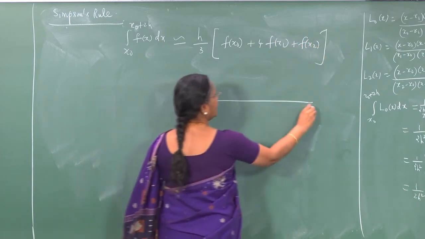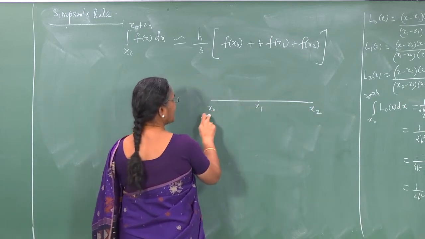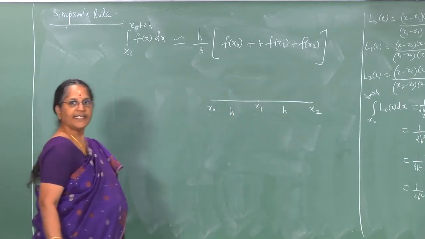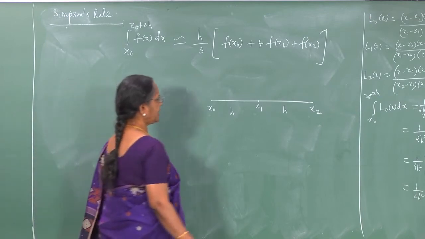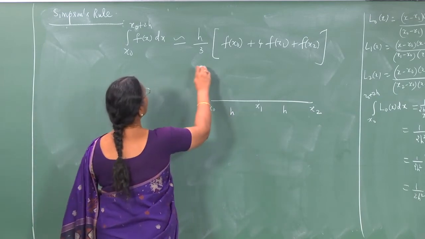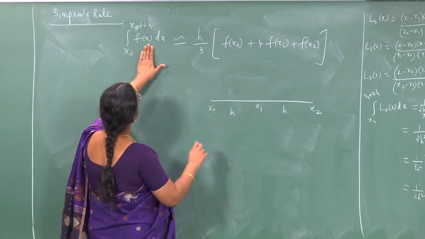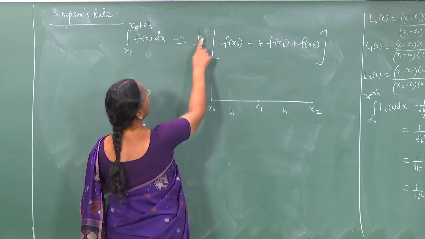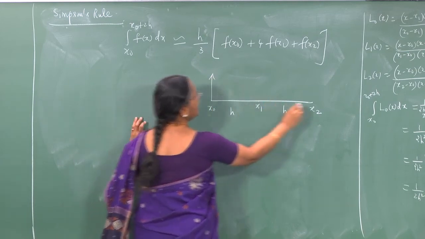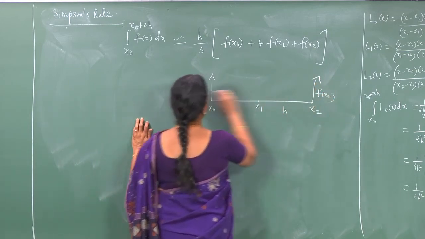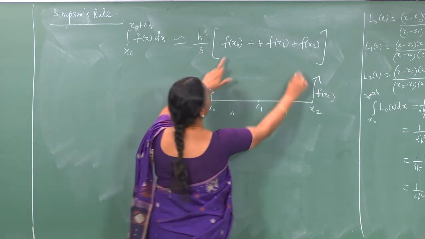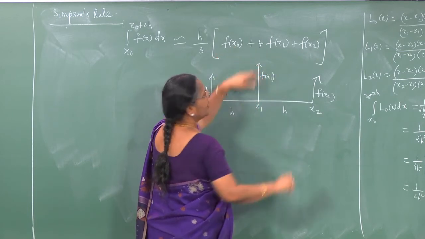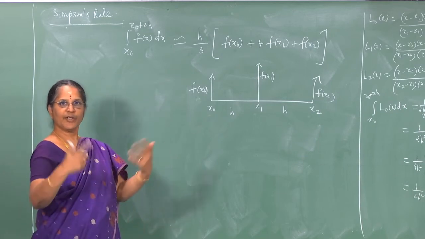Namely, if x0, x1, x2 are equally spaced such that the distance between any 2 points is h, then the formula tells us this integral has an approximate value given by 1/3 of h multiplied by the sum of the end ordinates, namely f of x0 plus f of x2, plus 4 times the ordinate at x1. So, 4 f of x1.